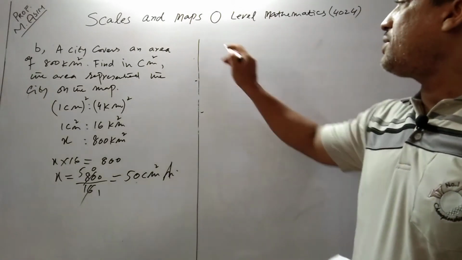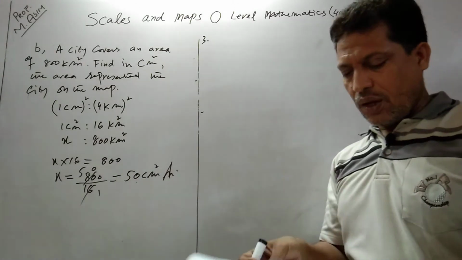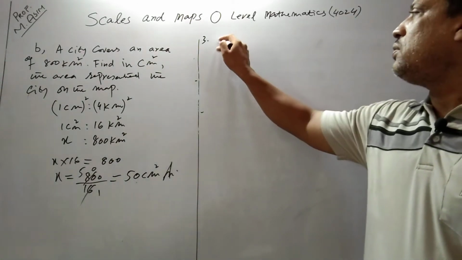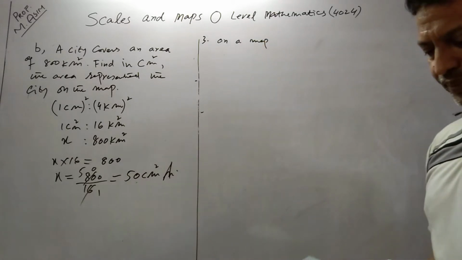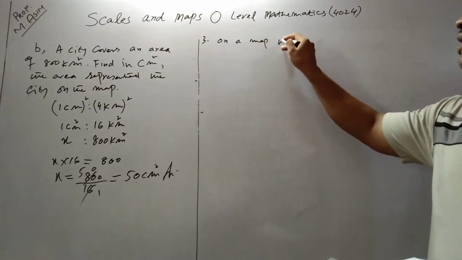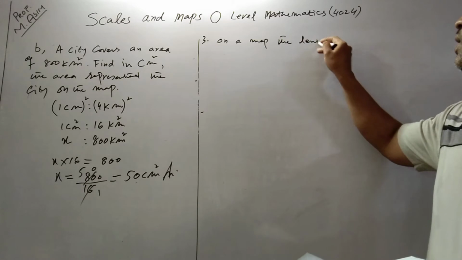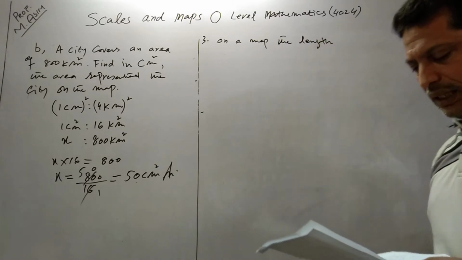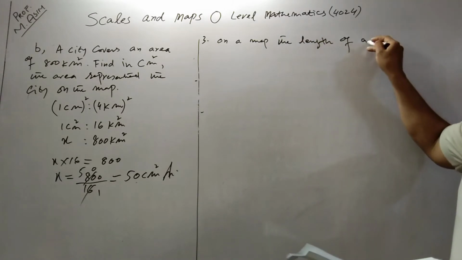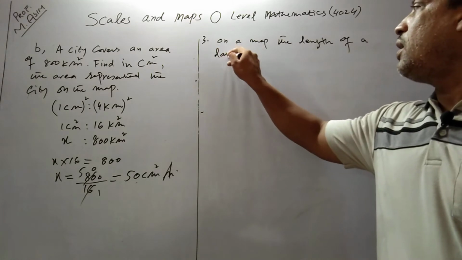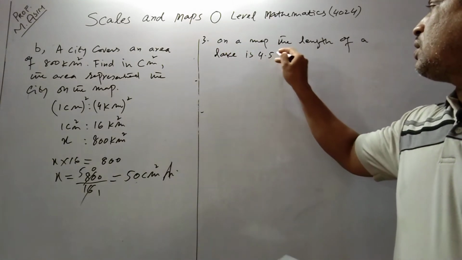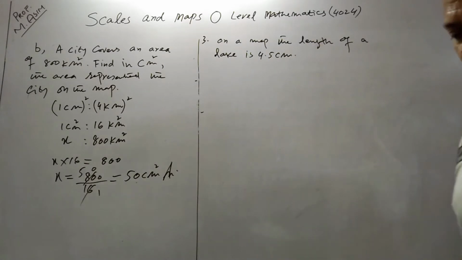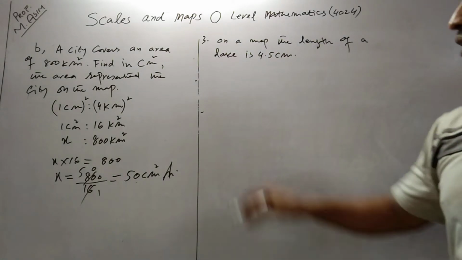Question number 3 is: on a map, the length of a lake is 4.5 centimeters.